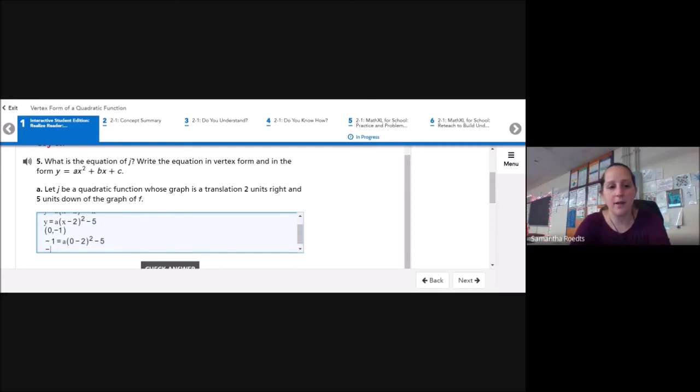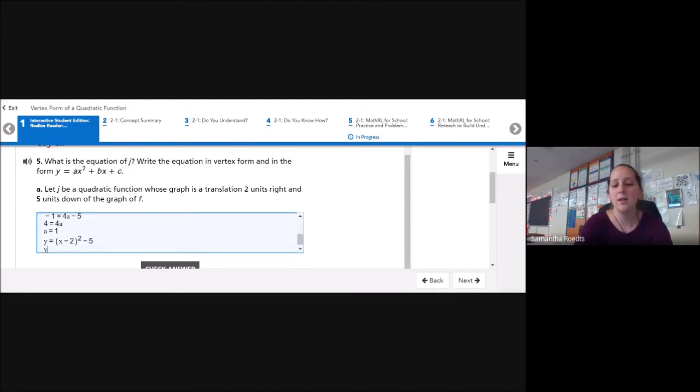So negative 1 equals a times negative 2 squared minus 5. So negative 1 equals 4a minus 5. I'm going to add 5 to both sides. So I get 4 equals 4a. So a equals 1. So my vertex form is y equals (x minus 2) squared minus 5.